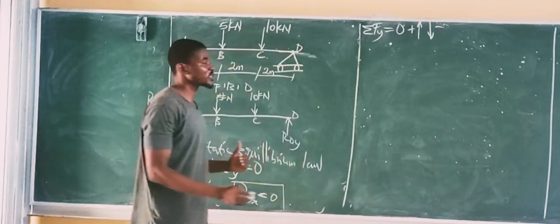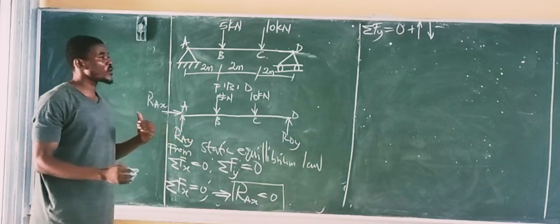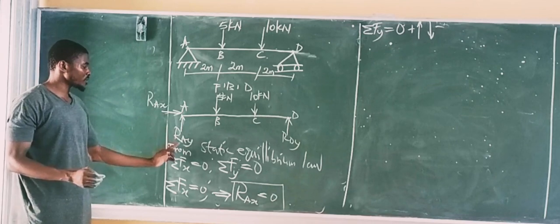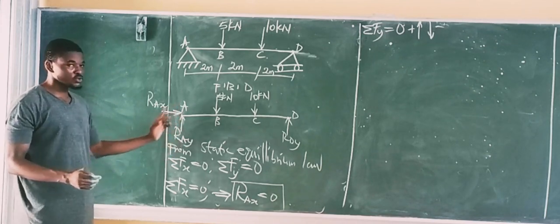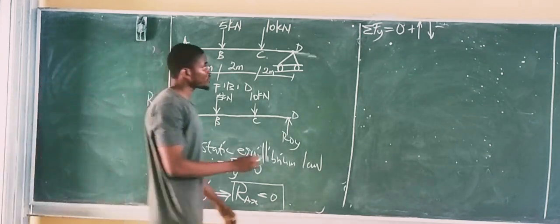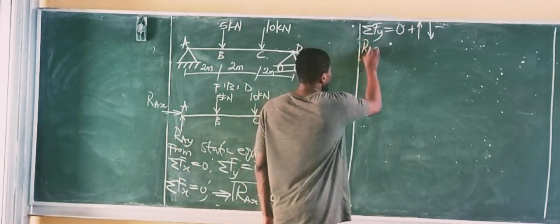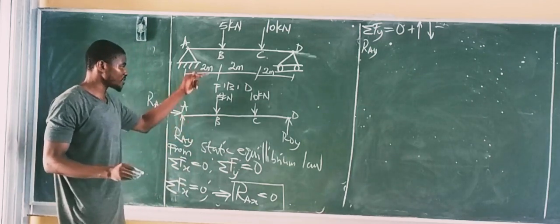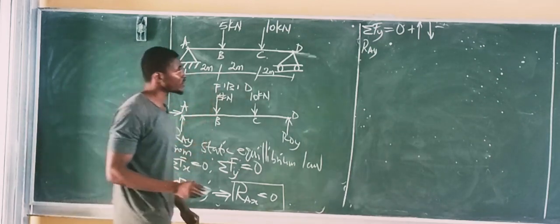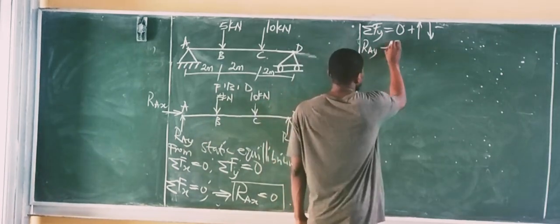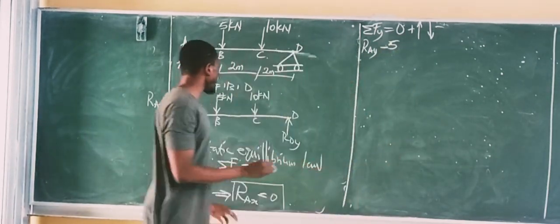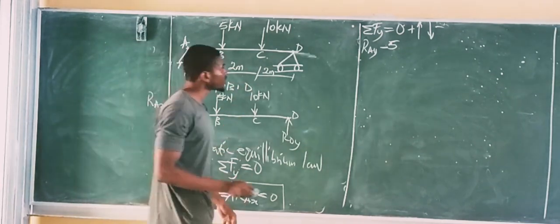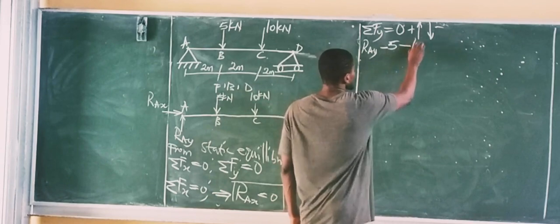At point A, we have RAY, and this force points upwards, so it is positive. At point B, we have a 5 kilonewtons force acting downwards, so this becomes minus 5. At point C, you have a 10 kilonewtons force acting downwards, so it's negative, minus 10.